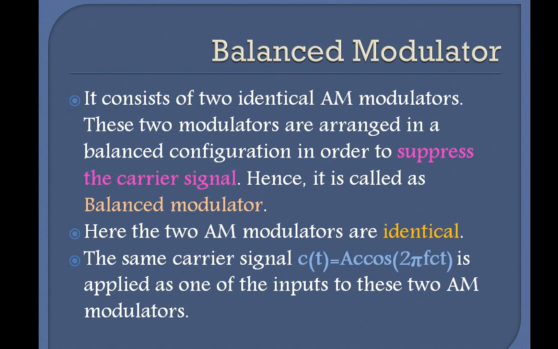Out of the two inputs, one should be the carrier signal, given as c(t) = Ac cos 2πfct. The same carrier signal is applied as one of the inputs to these two AM modulators, correct?